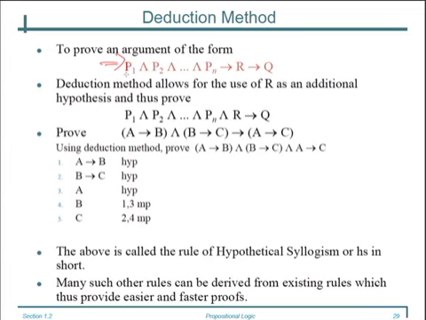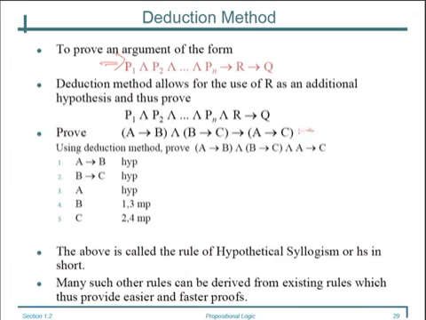We have a couple of hypotheses, and say this implies R, and that implies Q. Basically, what we have here is an expression: if A implies B and B implies C, then A implies C. So can we show that?